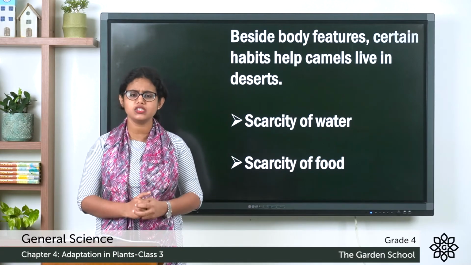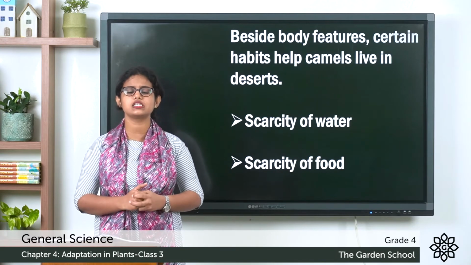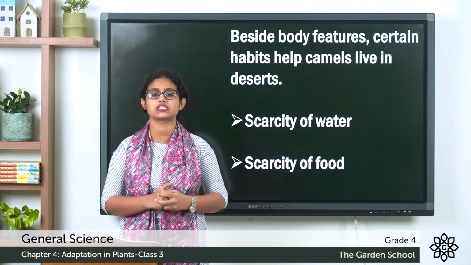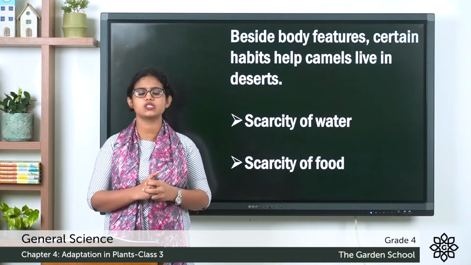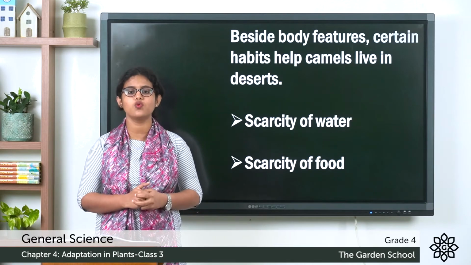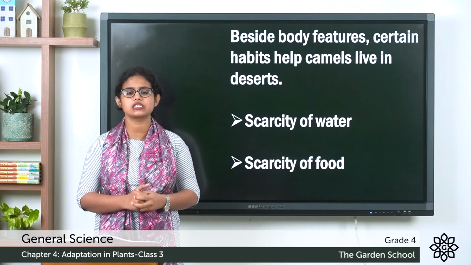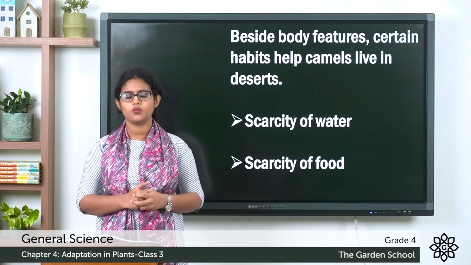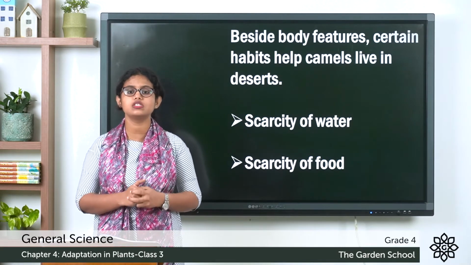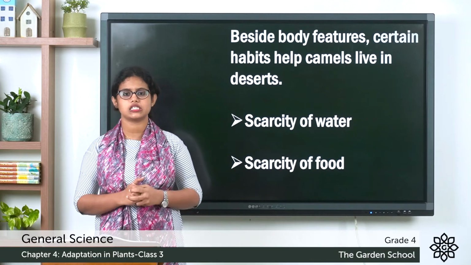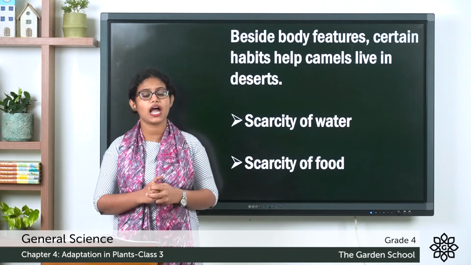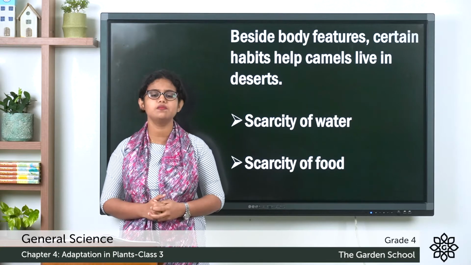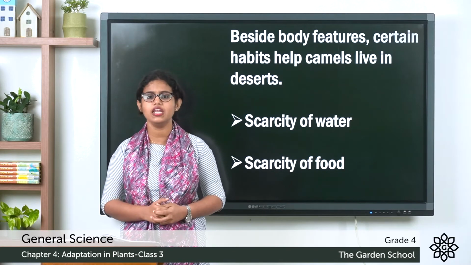They eat plenty of food, and the excess amount of food they store as fat in their hump. So that is why we say they store their food in their hump. They use this fat when the food is scarce. So these are some of the habits that help the camel to survive in desert.